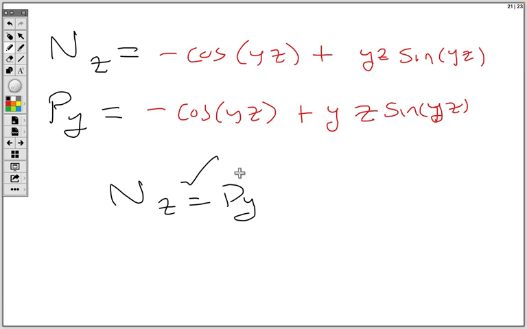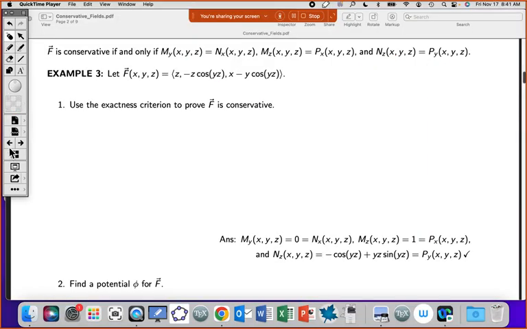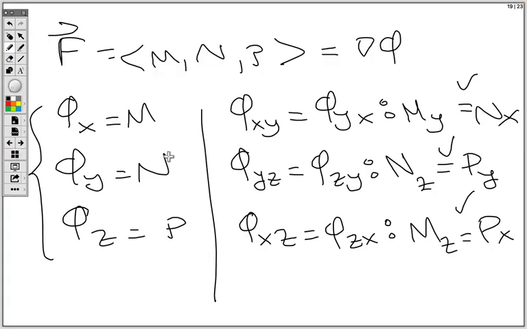So once again, when I mentioned how Chapter 17 is a comprehensive review of all things in the course, here we are taking partial derivatives and looking to check to see that the mixed partials are the same. Right? So it's a complete callback there to the early days in Chapter 14. Does this make sense?